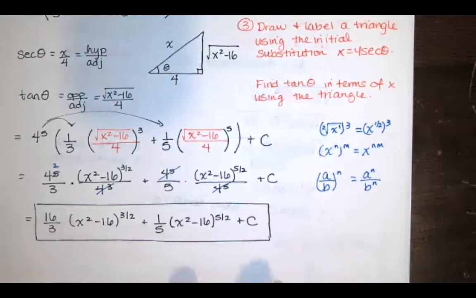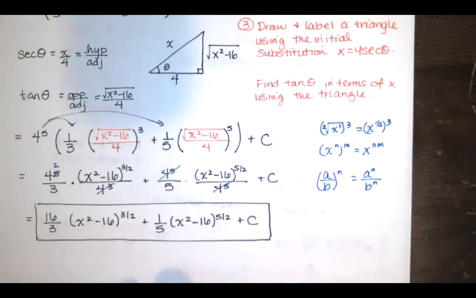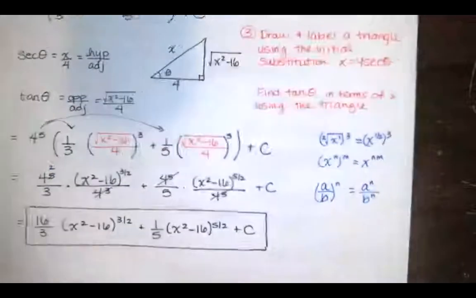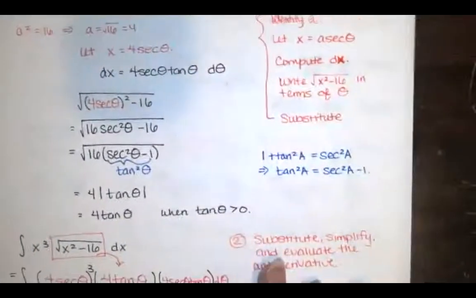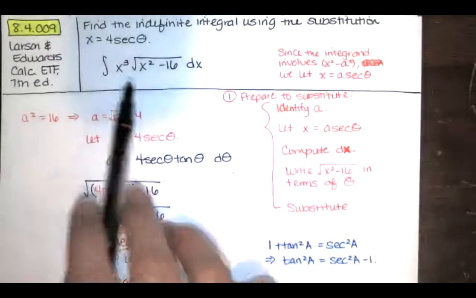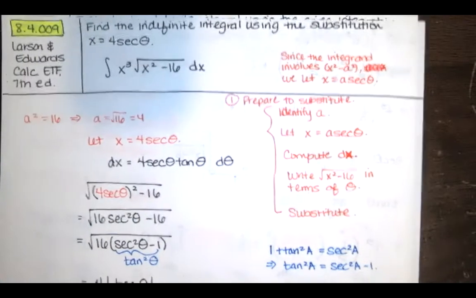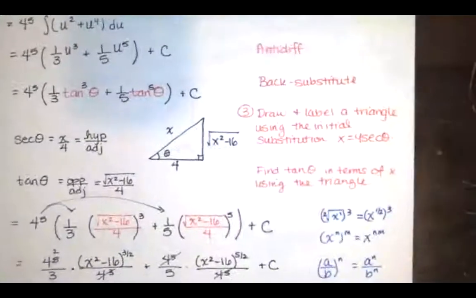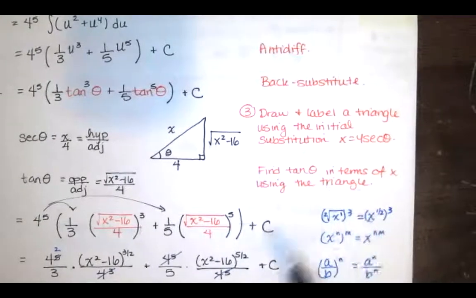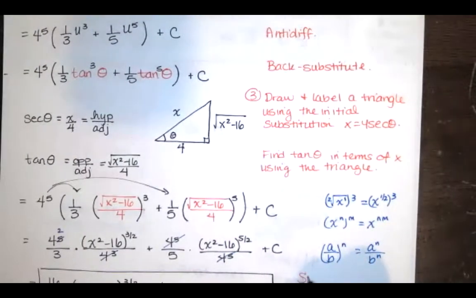And if we want, we could take this and differentiate and simplify. And if we do that, we should get that, because that is the antiderivative. That's what an antiderivative is. So we found tangent of theta in terms of x, and then we substituted and simplified.